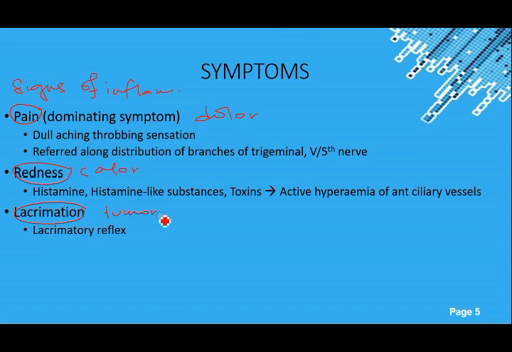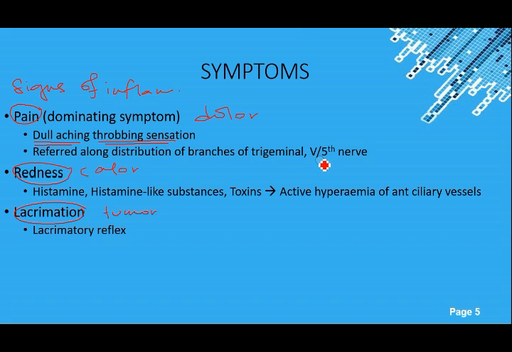Swelling giving you lacrimation, that's how I always see it. Now pain, first of all, it is a dull aching type of pain, having a throbbing sensation.